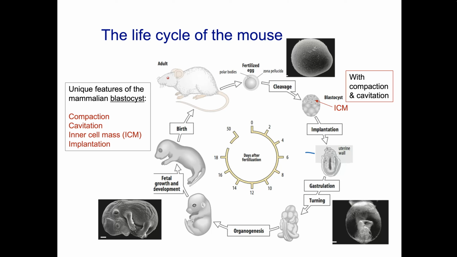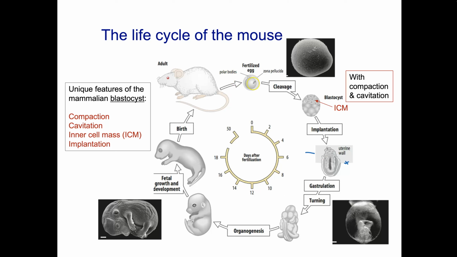Mice are a very good model organism for mammalian development, but it's interesting that there are a couple of aspects of development where humans and the chick are actually more similar, and that's about the shape in this stage and through the gastrulation process. So I'll be talking about those towards the end of this lecture and the beginning of the next one.